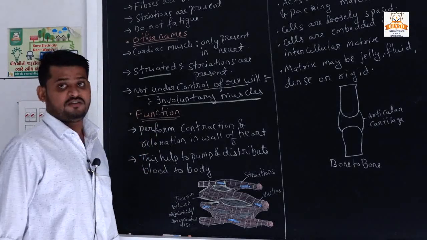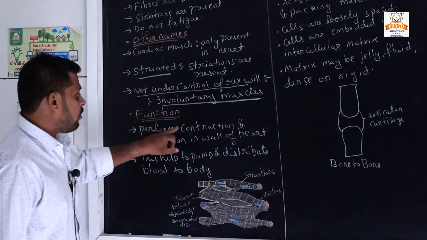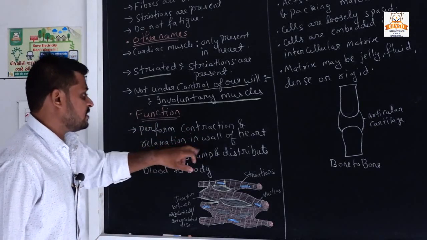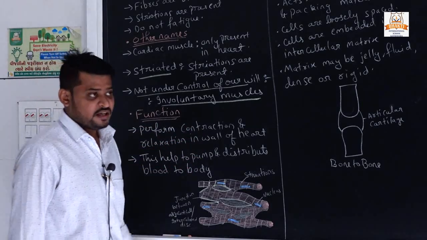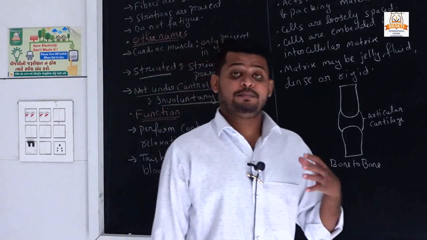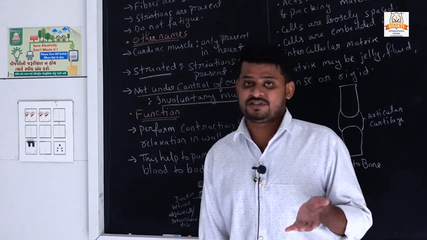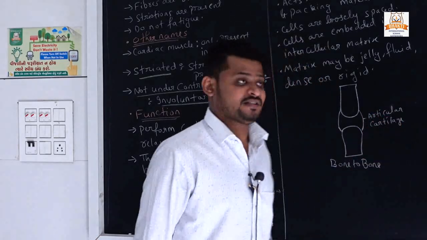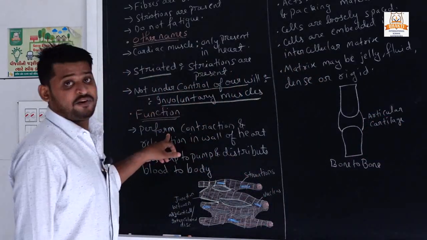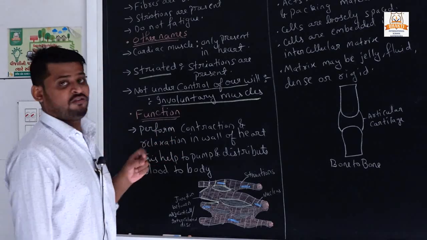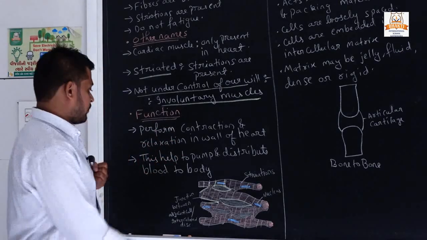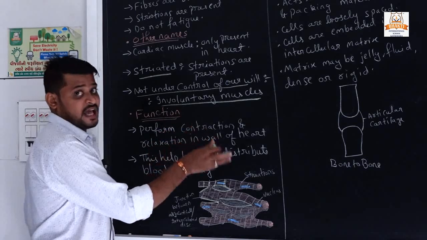What is the function of cardiac muscles? They perform contractions and relaxations in the wall of the heart. We all know the heart is a pumping organ. What is pumping? Pumping is a process of relaxation and contraction. So it performs pumping in the wall of the heart, meaning cardiac muscles help in pumping.